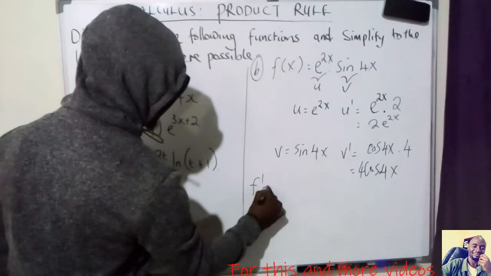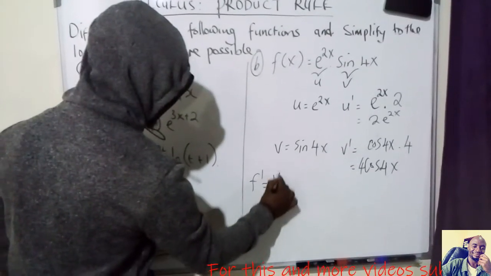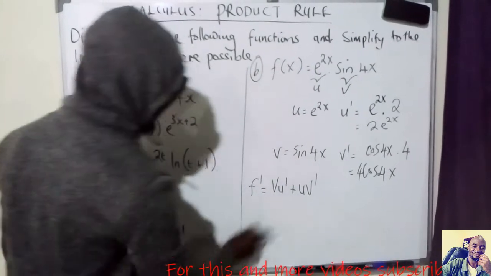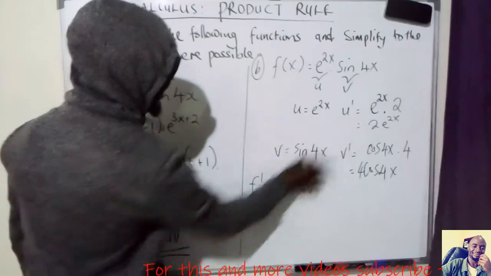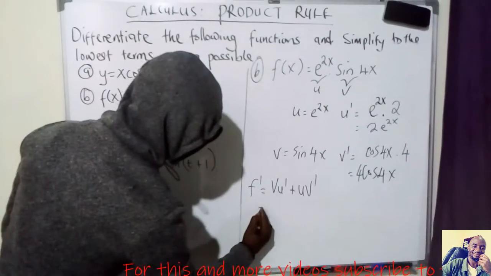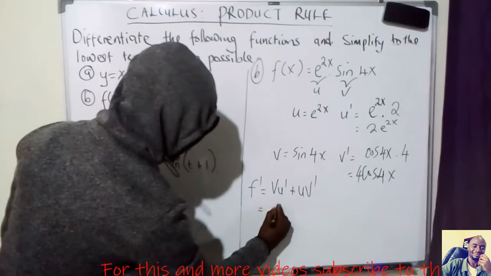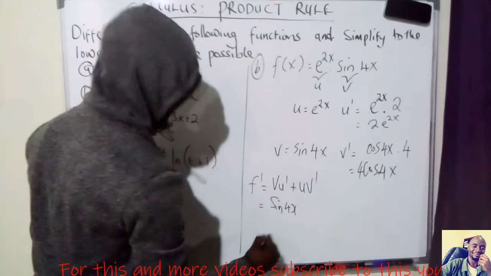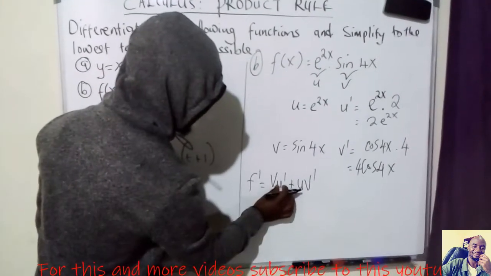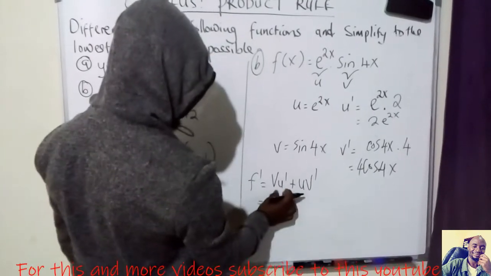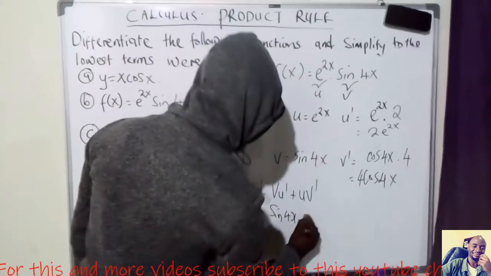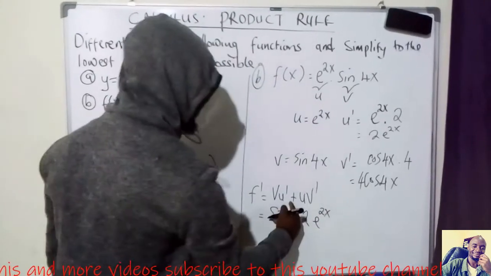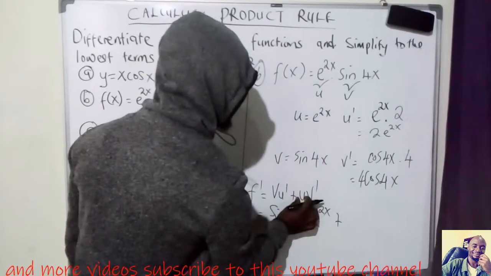Now, I'm going to write my product rule. F prime is equal to v u prime plus u v prime. So what is our v? Our v is that one. So this will be equal to sine 4x, then multiplied by u prime, which is 2e^(2x), then plus, what is our u?